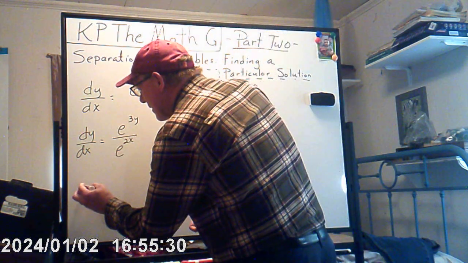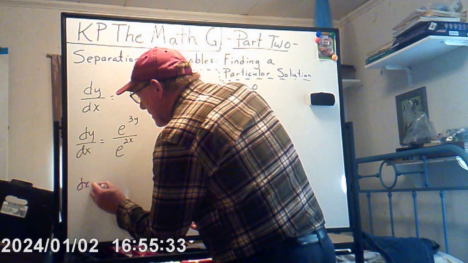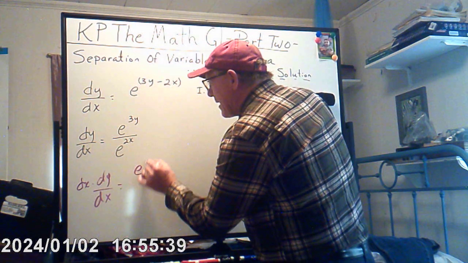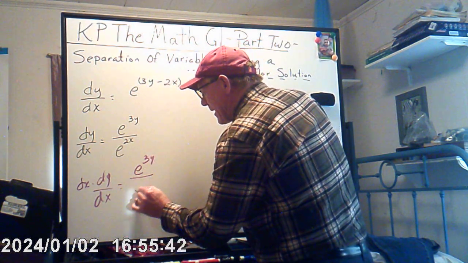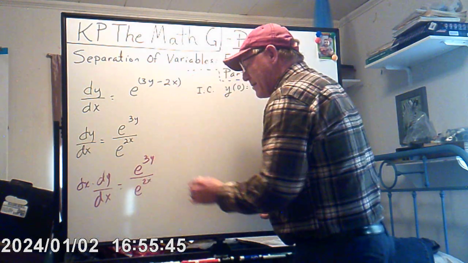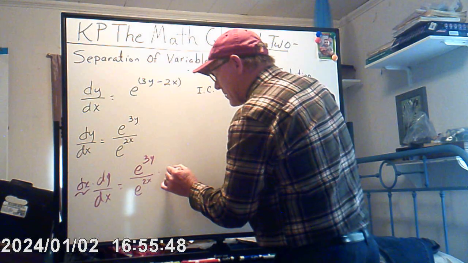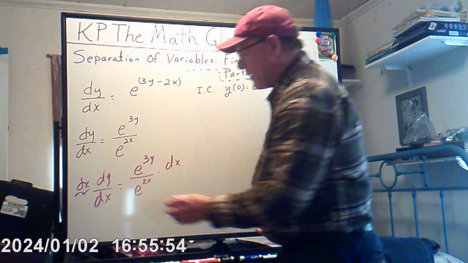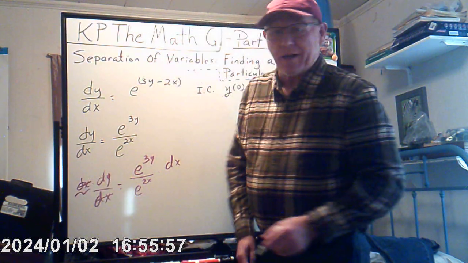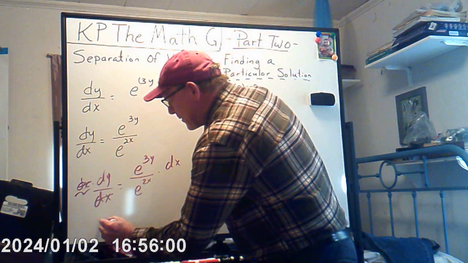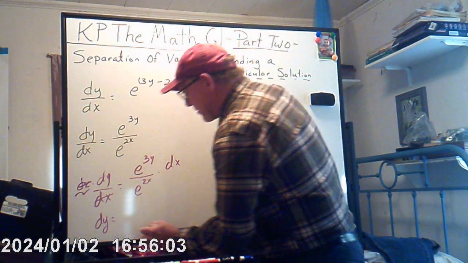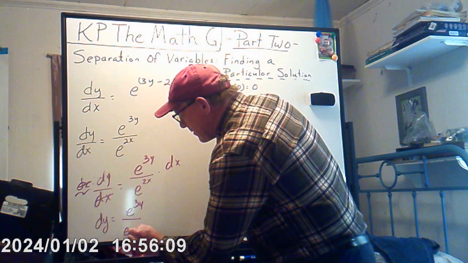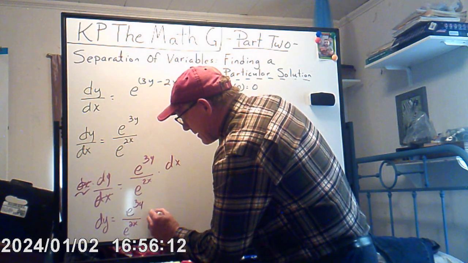So what we have here is dx times dy over dx is equal to e to the 3y over e to the 2x times the very thing we're multiplying both sides by, dx. So look what happens here. These divide out, right? And we're left with dy being equal to e to the 3y over e to the 2x dx.